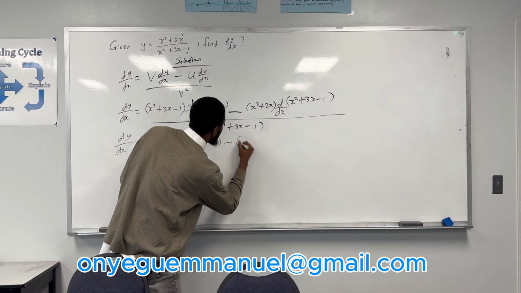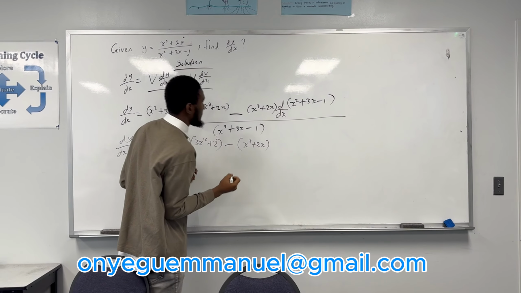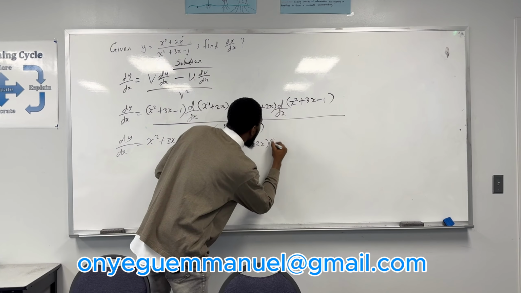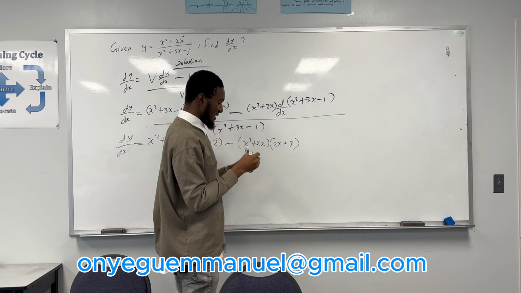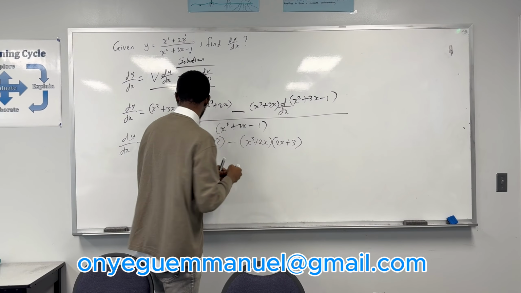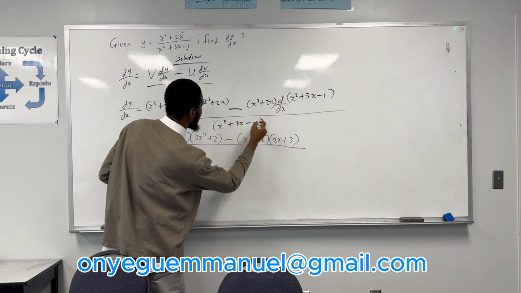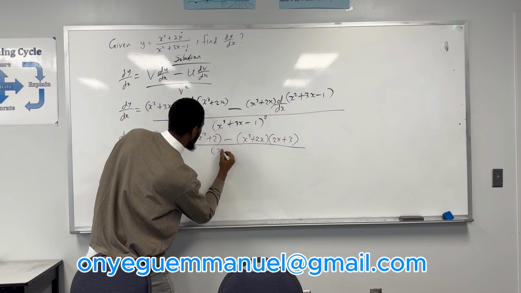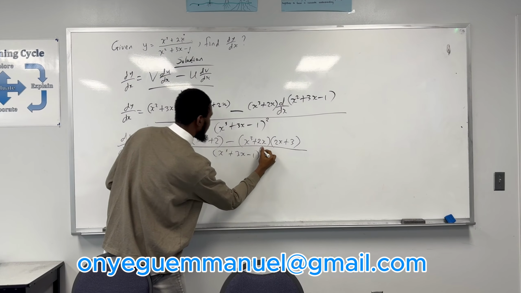Minus x cubed plus 2x, times the derivative of the denominator with respect to x, which is 2x plus 3. The constant differentiates to 0, so you leave it that way. All over what we have here. Remember, you have the square: x squared plus 3x minus 1 squared.